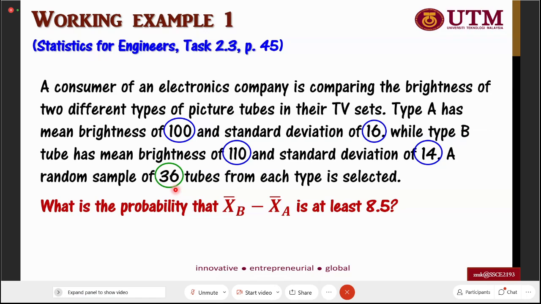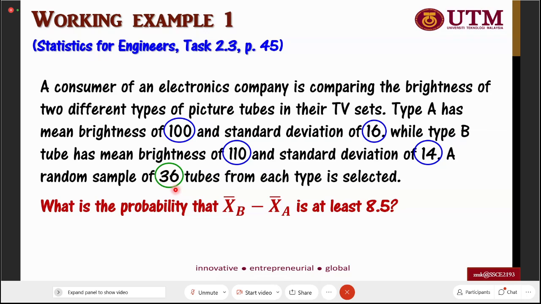You get me or not? Okay, so now if X bar A and X bar B are individually normal, then the difference between them will also be normal. So the keyword is the random sample size.